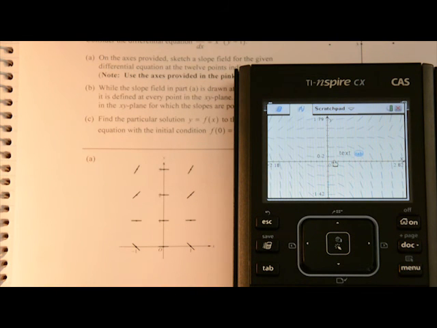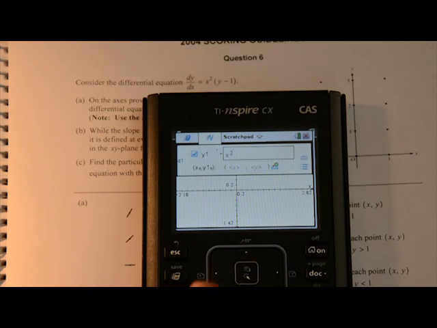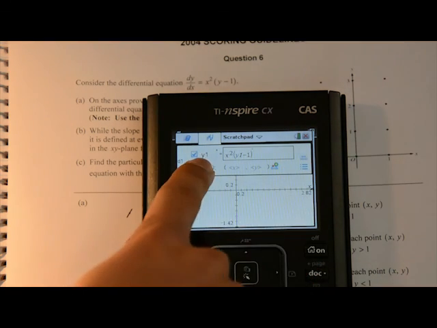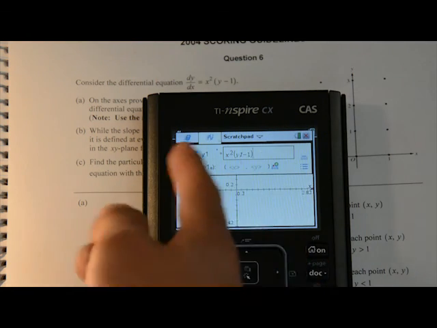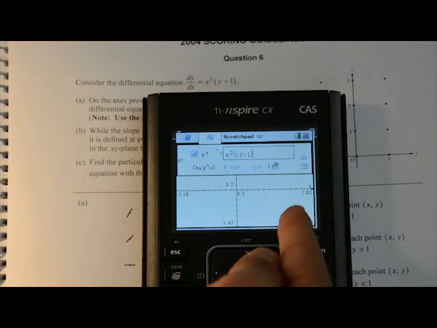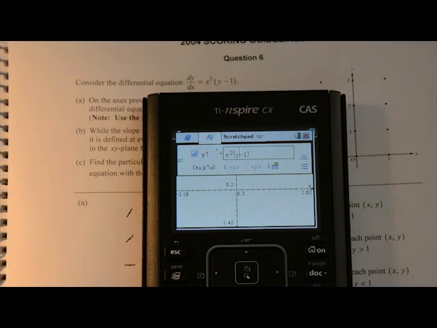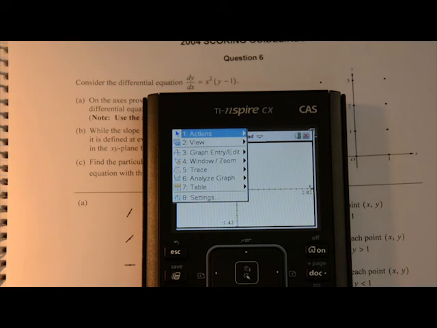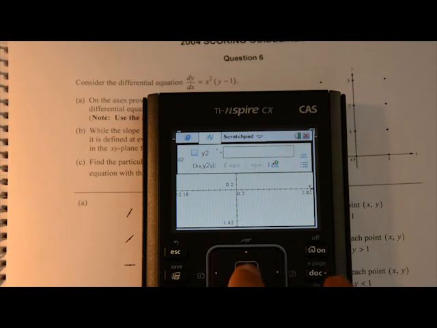So now all we have to do is go x squared, and then we go y1. Actually, I have to go back. x squared times y1 minus 1. Right? And so now that we have that, it becomes really easy, and we just hit the enter button.